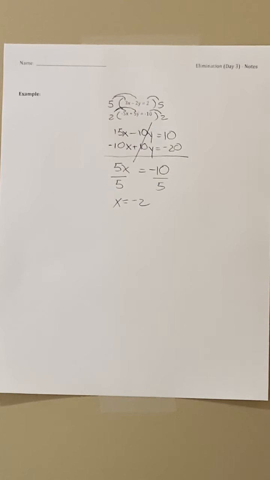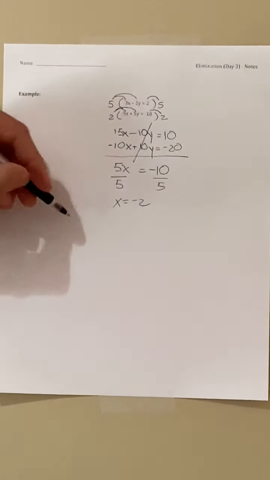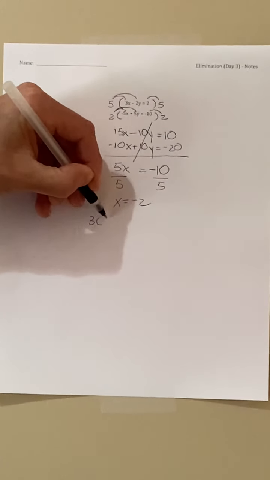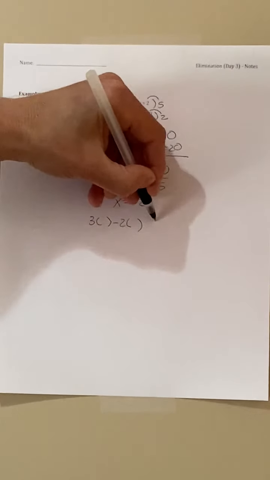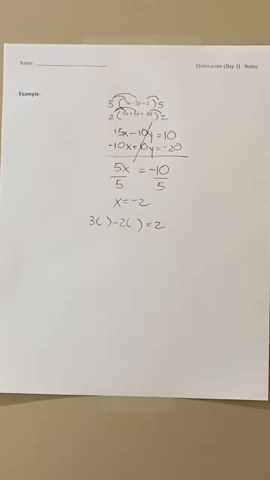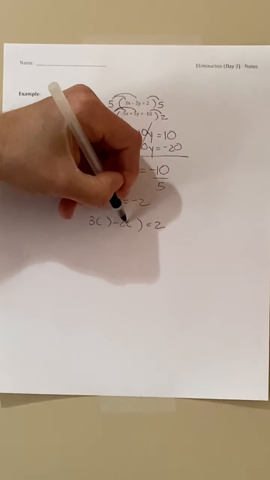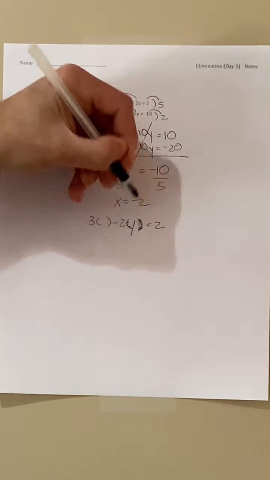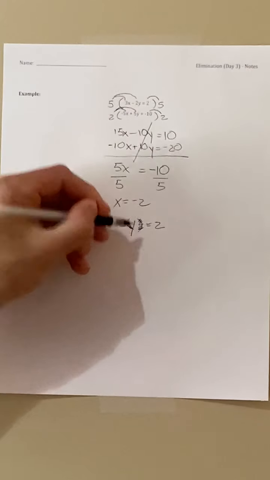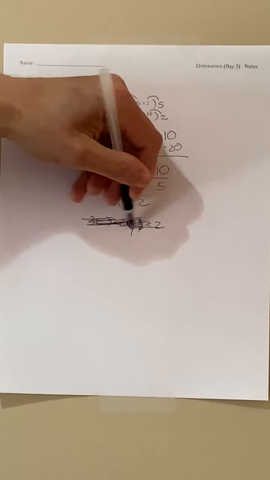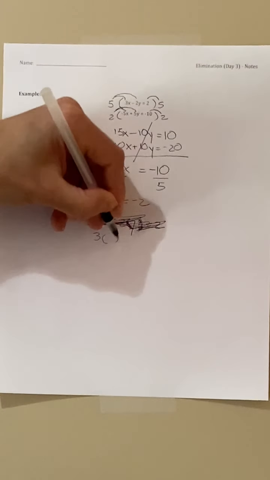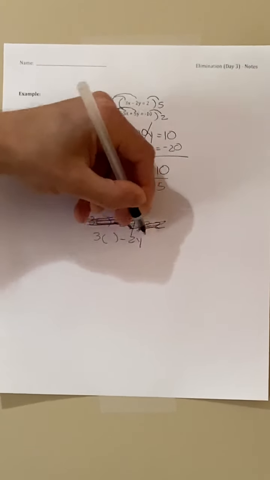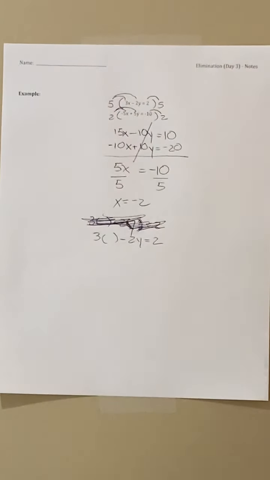Now to solve for y, we have to go back into one of our equations. Let's take the first equation, 3x minus 2y equals 2. Oh, sorry, I did this wrong. Let me just rewrite this here: 3x minus 2y equals 2.